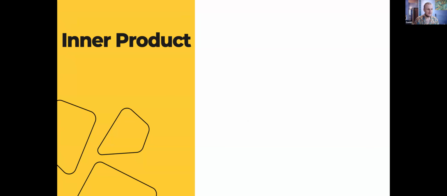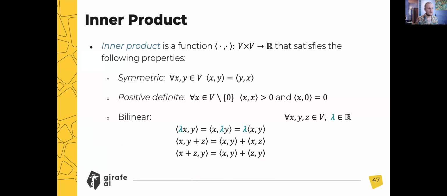Okay, another concept that will make our discussion a bit more technical, but more geometrical as well, is called an inner product. We begin with a formal definition and say that an inner product, what is it? It is a function that takes two vectors and outputs a number.